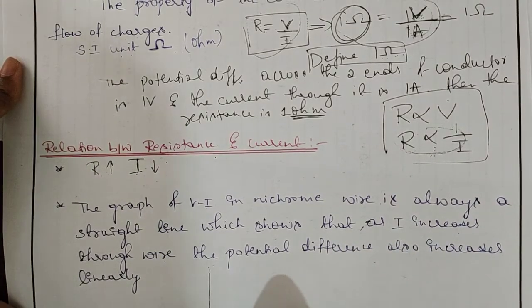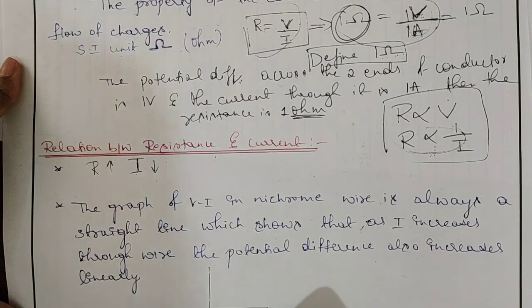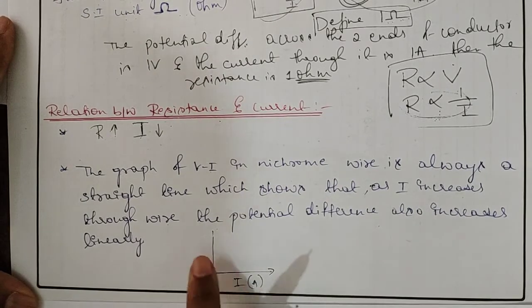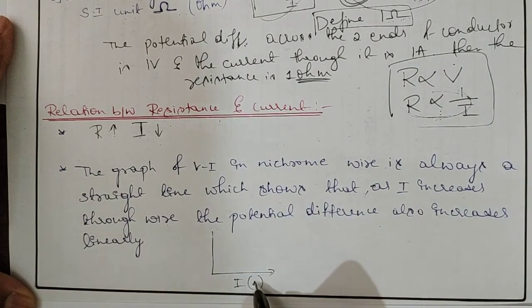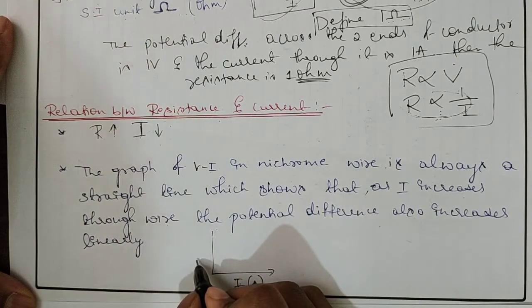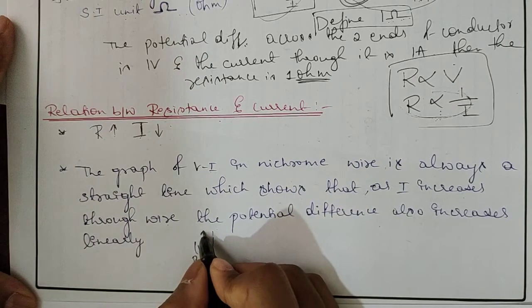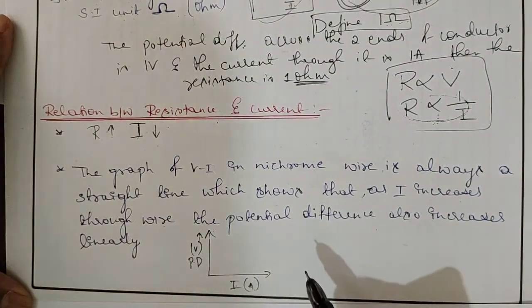Now listen, this is what we learned in the last class, Ohm's law. So this x-axis is what? This is the current. Now listen, whenever you are indicating the x-axis and y-axis, you need to show the unit also. Current, that is I. Here what is this? Potential difference. First you need to mention the name potential difference, that is nothing but V, right? Yeah. So what did we get?